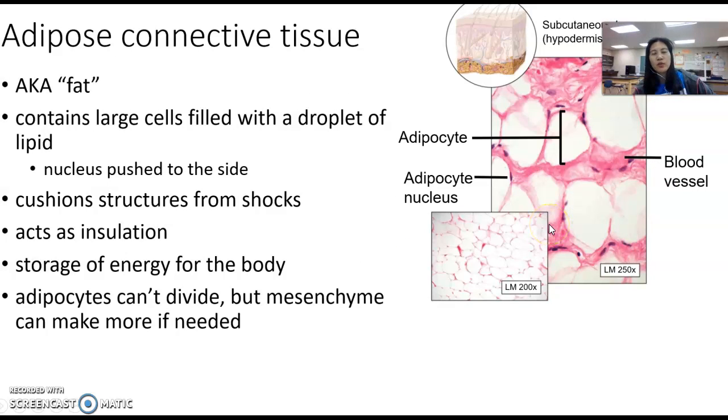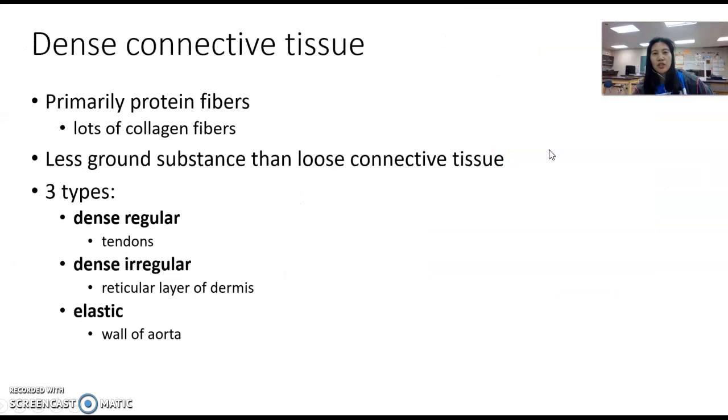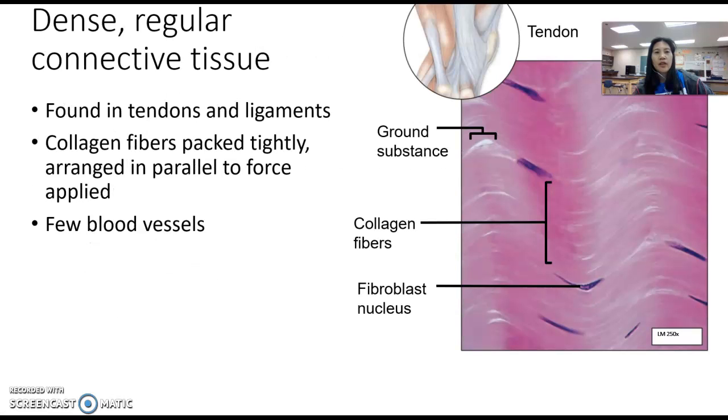Another one is adipose connective tissue, or commonly known as fats. It gives us energy. It stores energy, and once we need that energy, they give us this energy. It acts as insulation. Another is dense connective tissue. It is found at the tendons and ligaments.